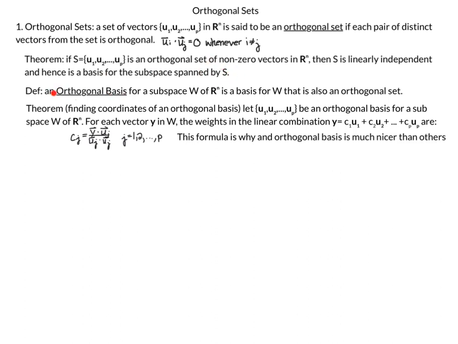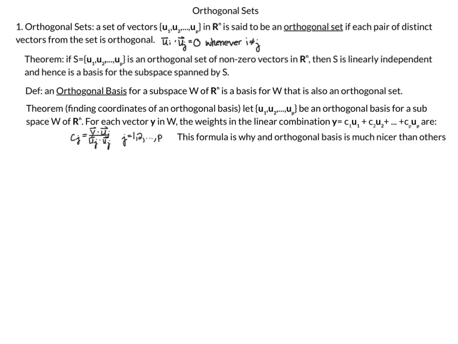So then we can also define an orthogonal basis for a subspace W of Rn, and that's simply a basis for W that is also an orthogonal set. And next we have this theorem that tells us why orthogonal bases are nice. And that's because when you're looking for the coordinates of an orthogonal basis, it's done easily with this formula here.